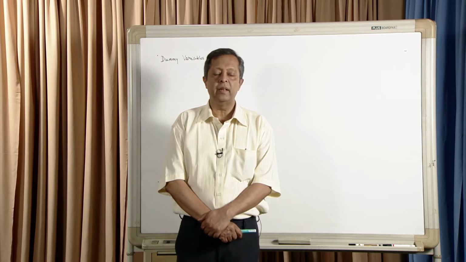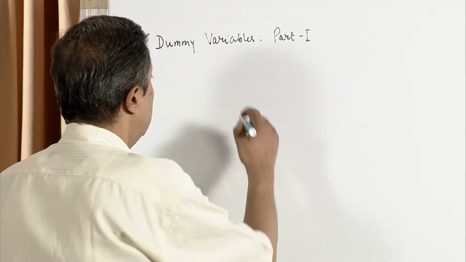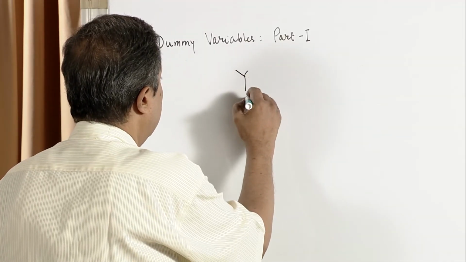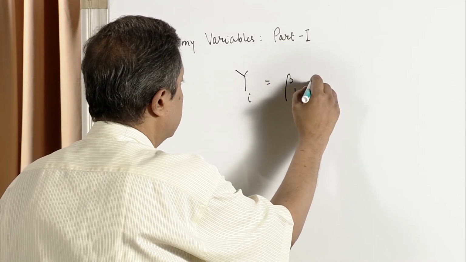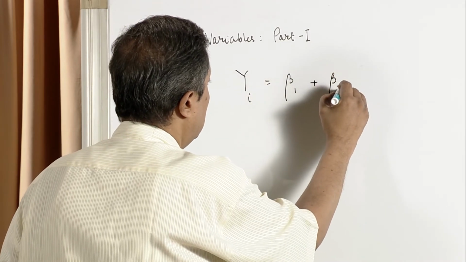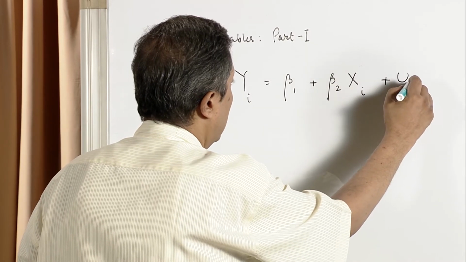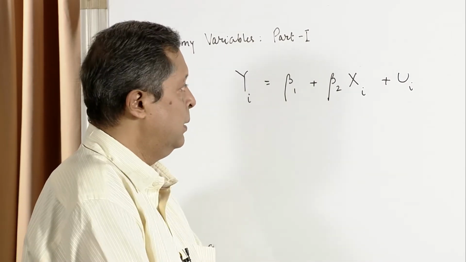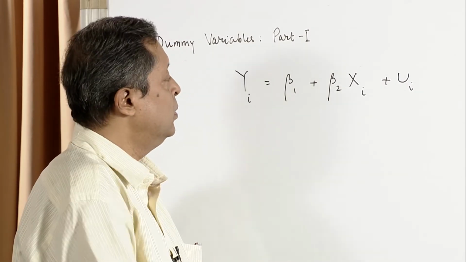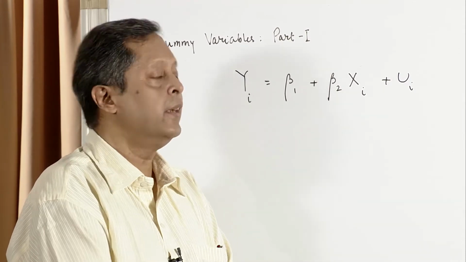So, let us write a simple regression equation in the form of y_i equal to beta 1 plus beta 2 x_i plus u_i. This is our familiar regression model, but now we are going to posit x as a qualitative variable.